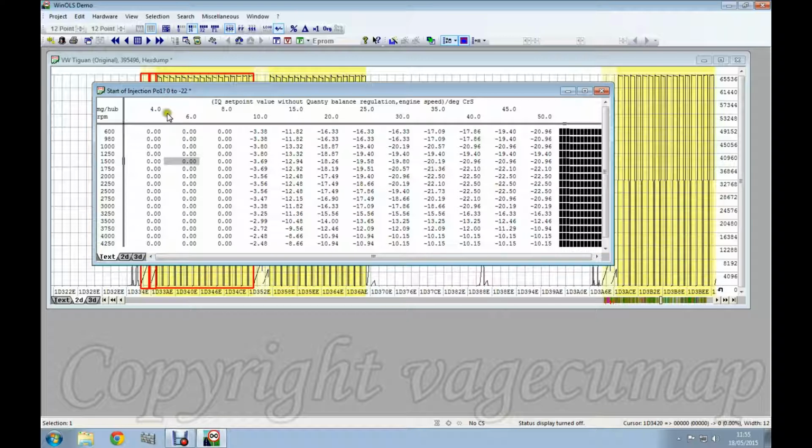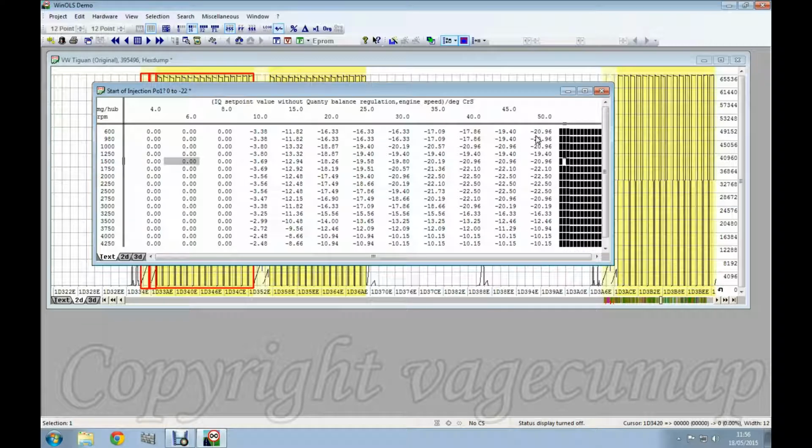But if we look, what we've got here is something that could start at 0 degrees, or you can see -3, -2, -11 or 12, -16, 17. So you can see what's happening. It has the ability to start reasonably late, because -20 is 20 degrees after top dead center.